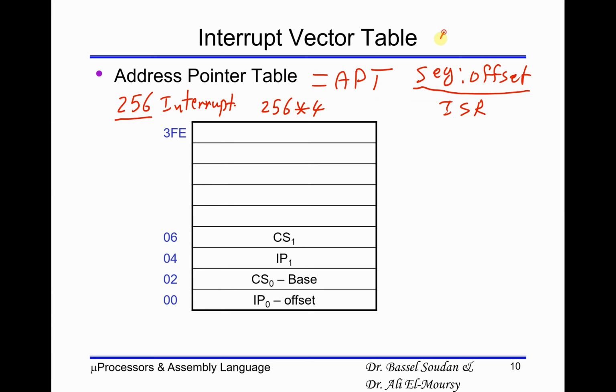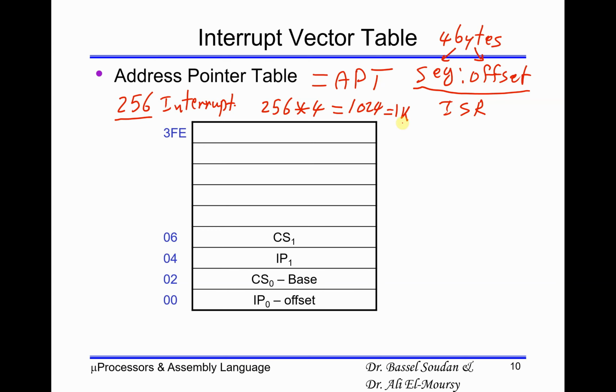Those are 4 bytes: 2 bytes for the segment and 2 bytes for the offset. The total is 4 bytes. So 4 bytes multiplied by 256 interrupts means I need 1K memory to store the addresses for the interrupts.